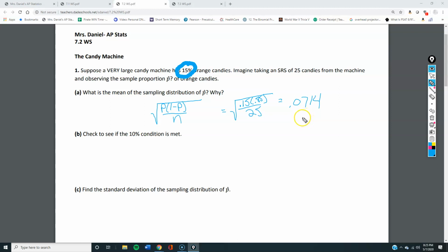Now remember, we can't actually do this unless the 10% rule is met. For this one, is 25 candies less than 10% of all the candies in the very large candy machine? What do you guys think?